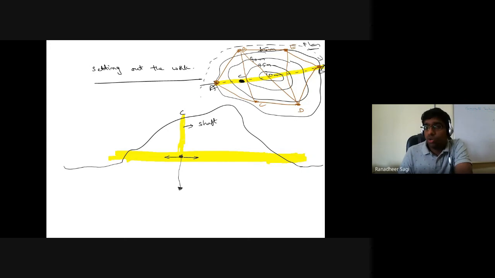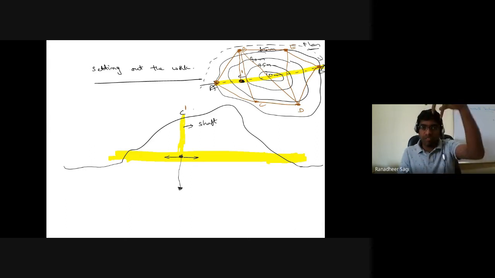Now, what I want to understand is the position where I should make the shaft. For that, maybe from survey station B, I'll measure at what angle this shaft is to be constructed. Let me say this is some C dash point where the shaft is being constructed.